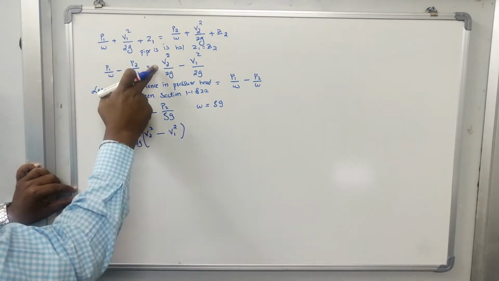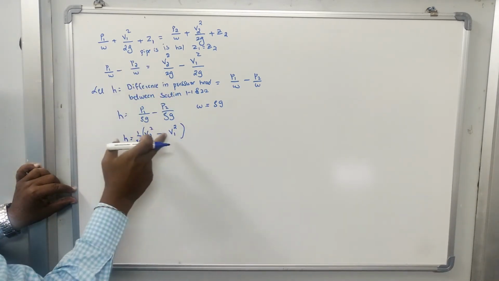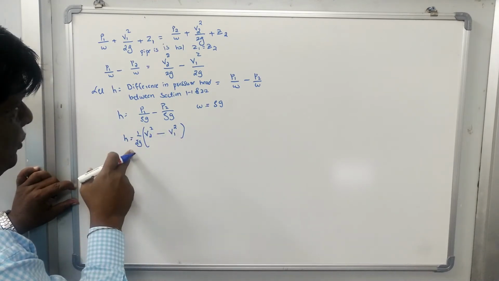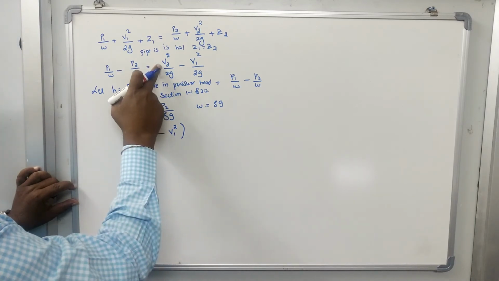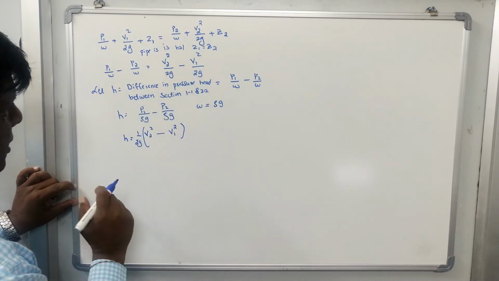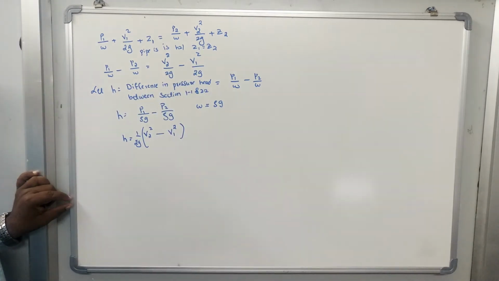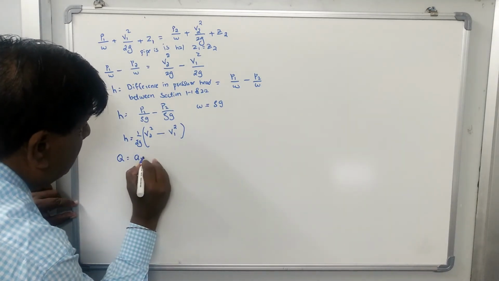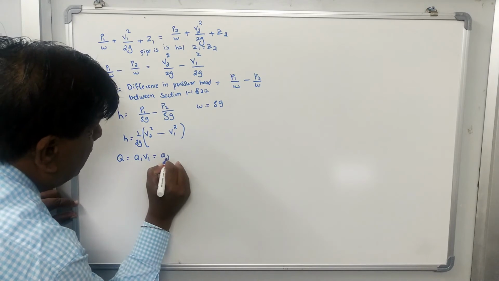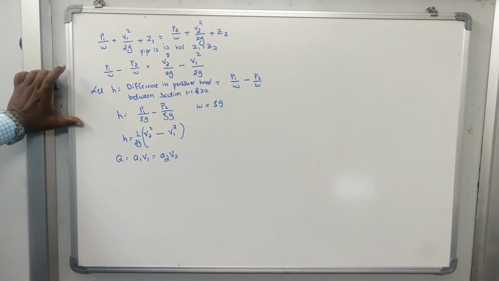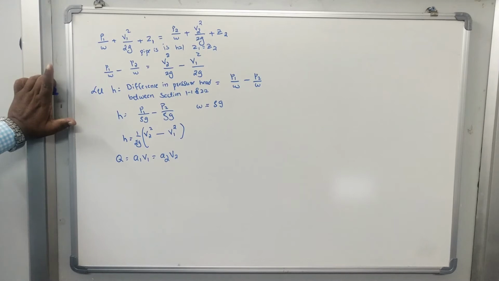Now from the continuity equation, as we know, A1 V1 is equal to A2 V2, because the rate of discharge flowing inside the pipe is constant.